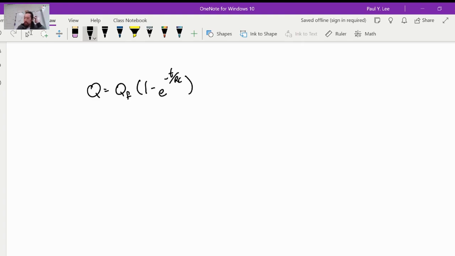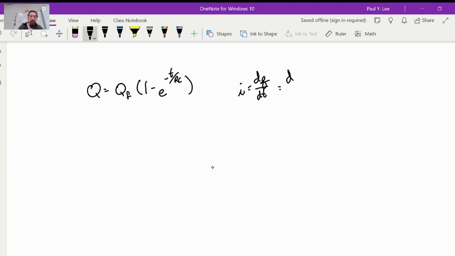Now, here's a couple of big jumps that we have to make. One of the things is that we said that the changing current is the changing amount of charge over a moment of time. We are going to use that, but we're going to rewrite this so that it looks like this.